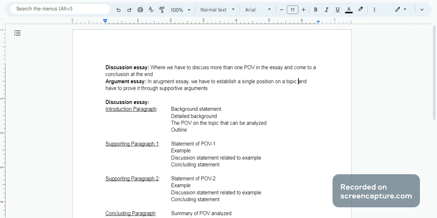You have to prove your point of view, which would be either agreement or disagreement, and support the whole argument throughout your essay. So these are the two basic approaches to write an essay.